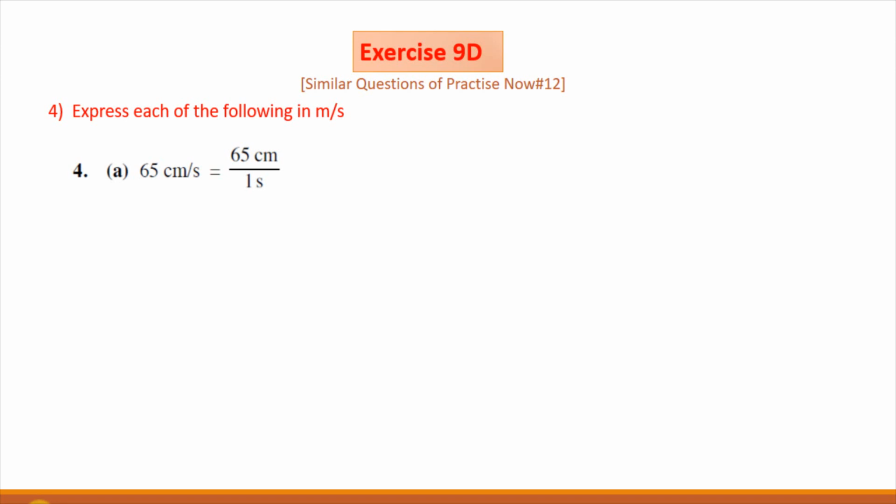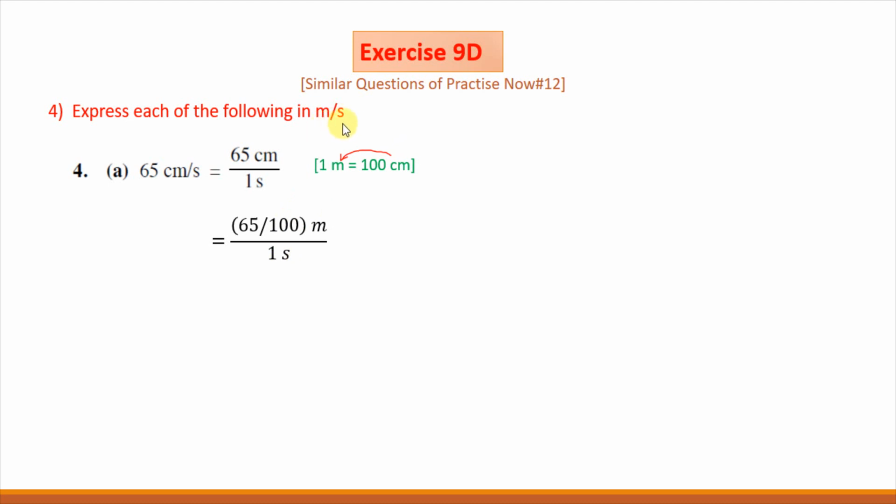We will change the centimeters into meter, and we know that in 1 meter there are 100 centimeters. So when you convert the centimeters into meters, you go from smaller to higher value and you will divide. So 65 divided by 100, the answer will be in meters. Divide by 1 second, it will remain as such because the value given in the question is meter per second.